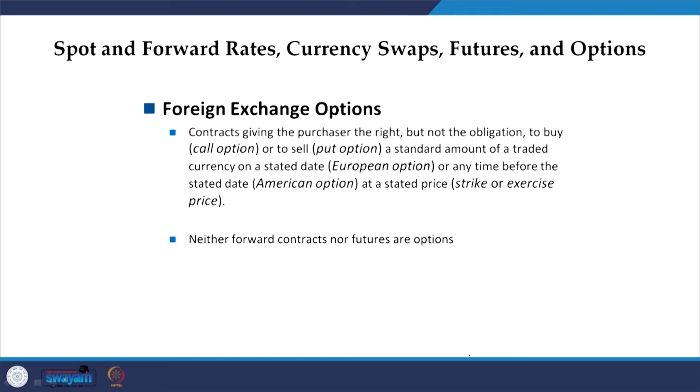That is called a European option. If it can be exercised any time before the stated date, that option type is called an American option. And if it is at a stated price, a particular price quoted, that is called the strike or exercise price.